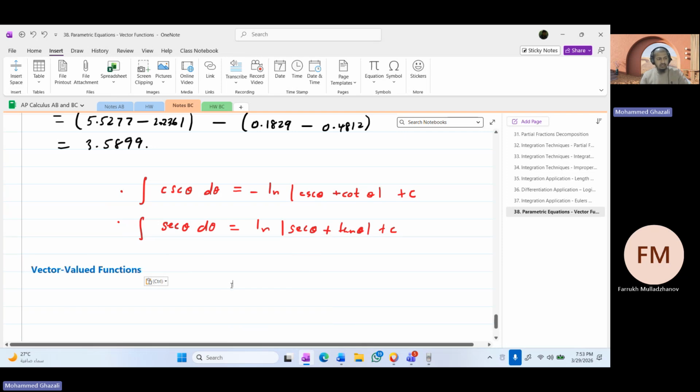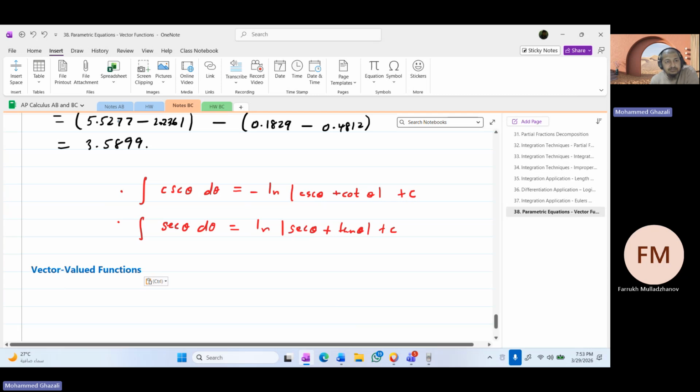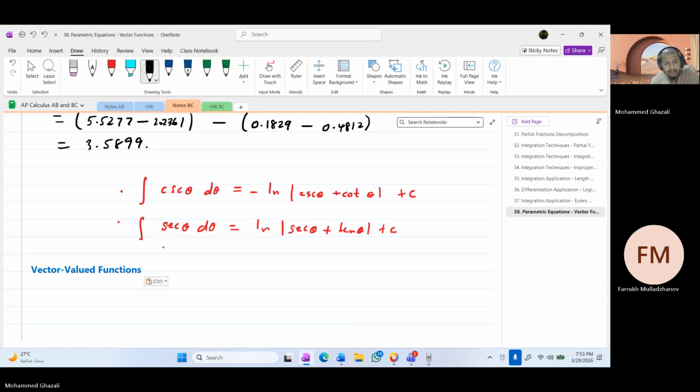The position vector in vector valued function is defined by what? We have a position vector. Now, remember, a vector has magnitude and direction, right?